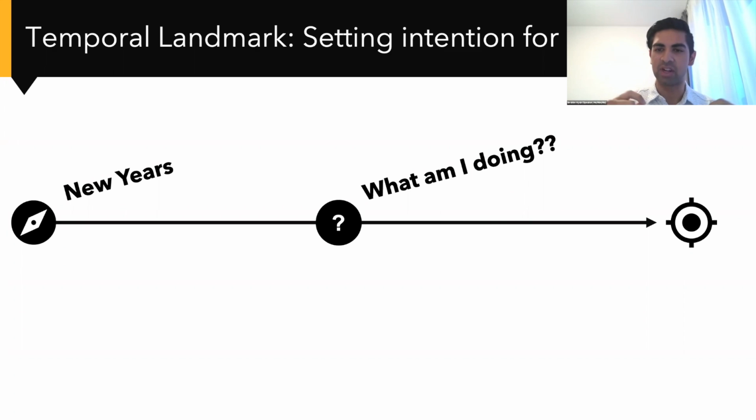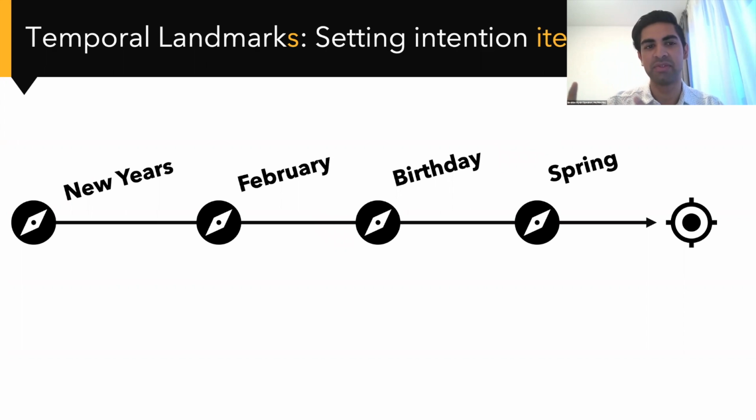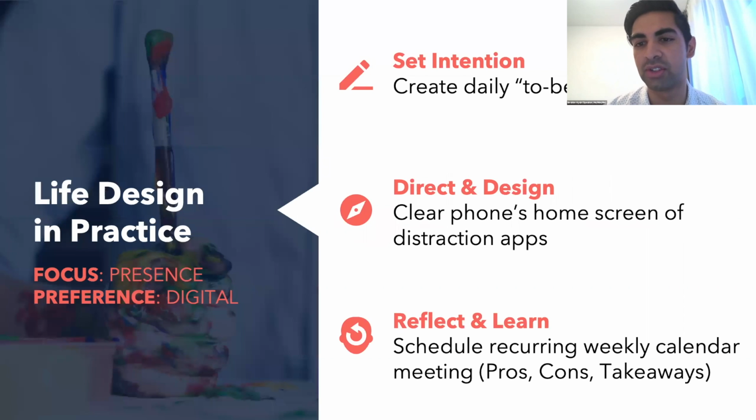So we take this idea of set times in our lives, but do it more iteratively. It could be your birthday, the start of each season, the start of every month, to reset and recalibrate, and doing it quite intentionally so that it provides that opportunity.